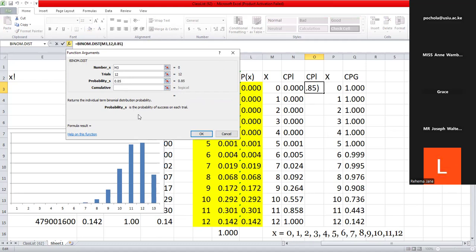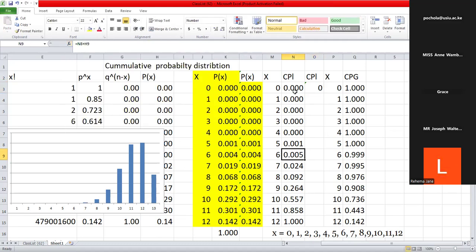Then, of course, now I want cumulative, so I say here true. I need cumulative; that's a logical value in Excel. And that gives me this for x equal to 0. Then I do it for all.